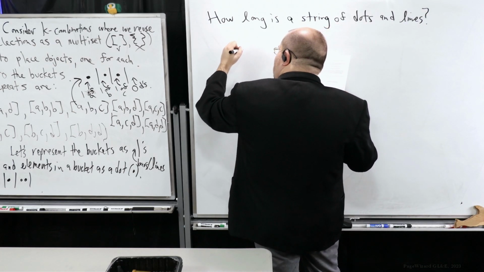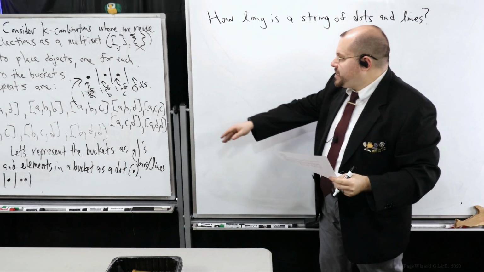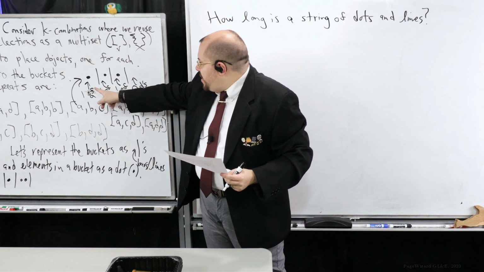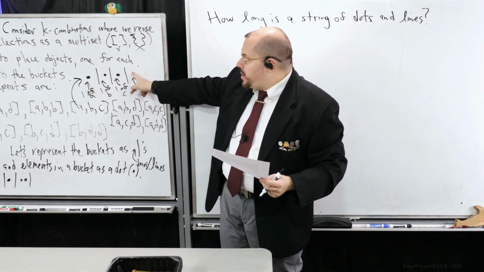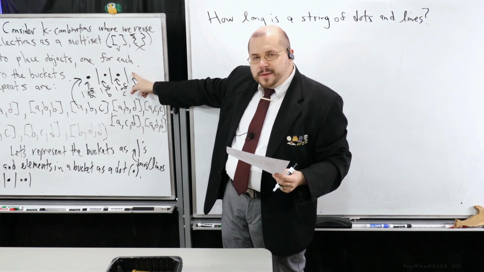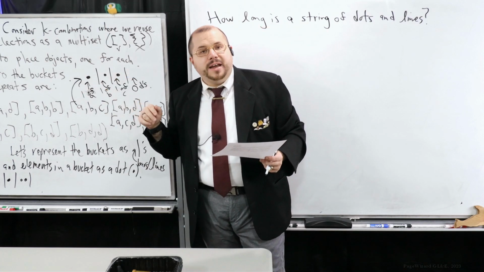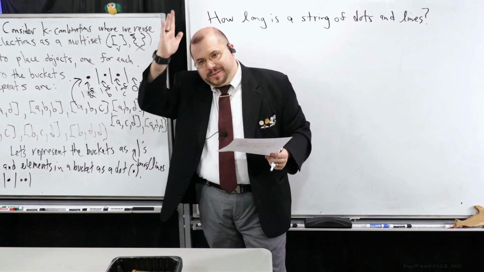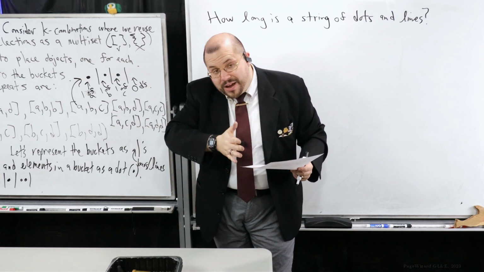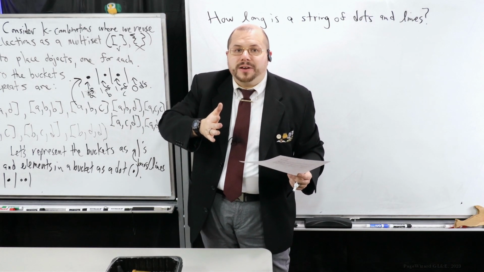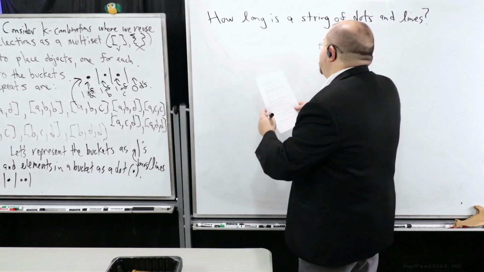Well, how many bars are there? For example here, notice that I have four buckets, right? To separate them, I use 1 less than the number of buckets. Because if I have n buckets, how many lines are there? There's n minus 1 of them.